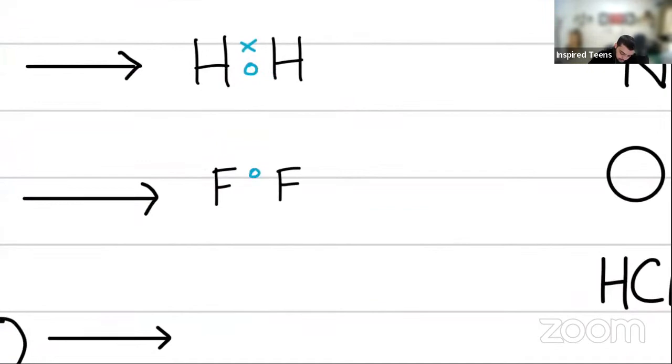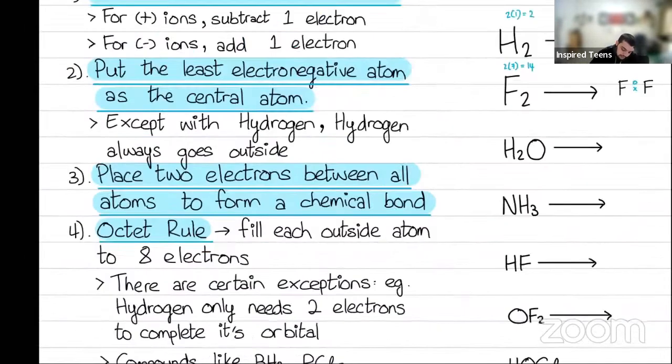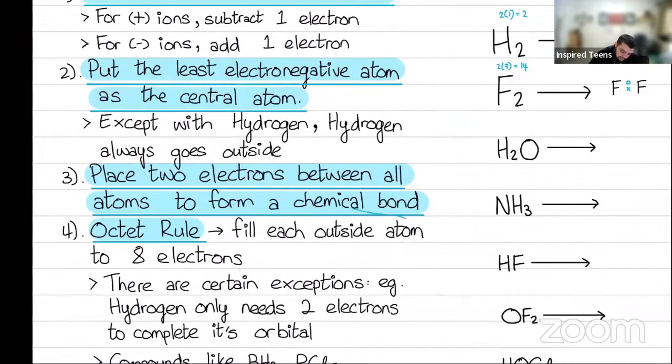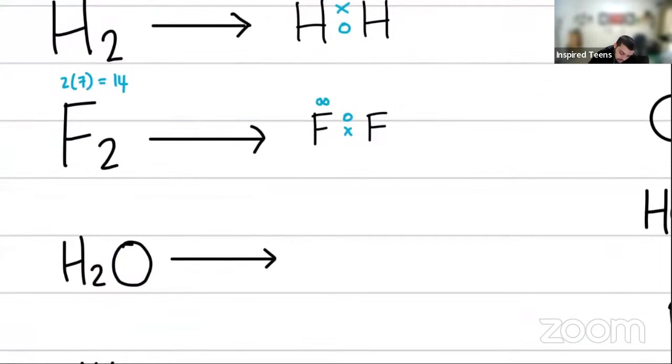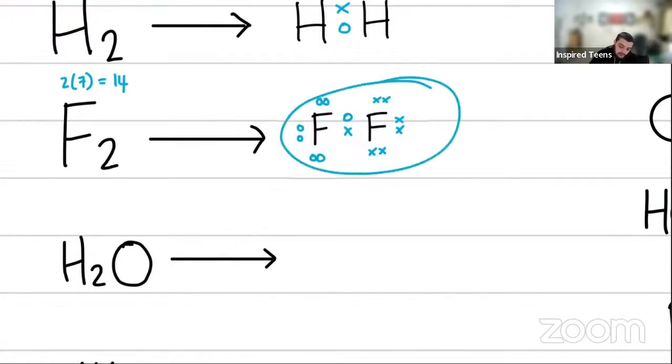So I'm going to form the bond, one from one fluorine, one from the other fluorine, and place 2 electrons to form the bonds. Done. Fill each outside atom to 8. Okay, and then we can count to double check how many we have. 1, 2, 3, 4, 5, 6, 7. So 7 times 2 is actually 14. So therefore, we indeed have the correct answer. We have a total of 14 electrons.